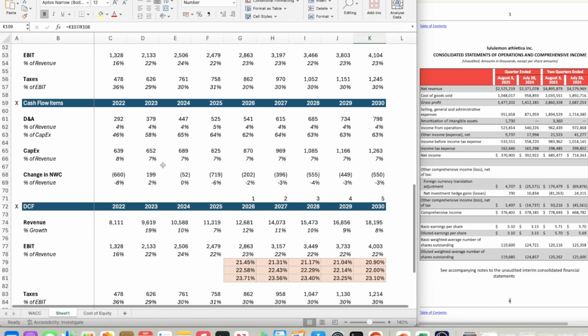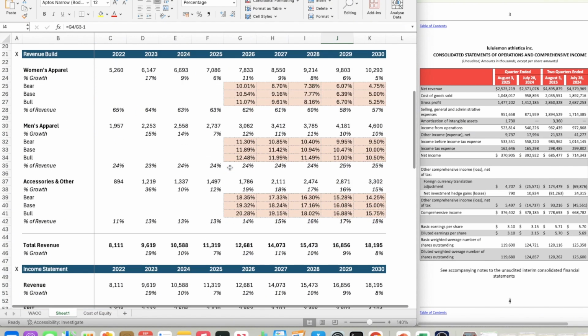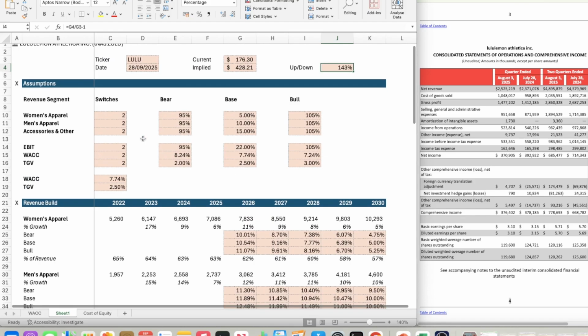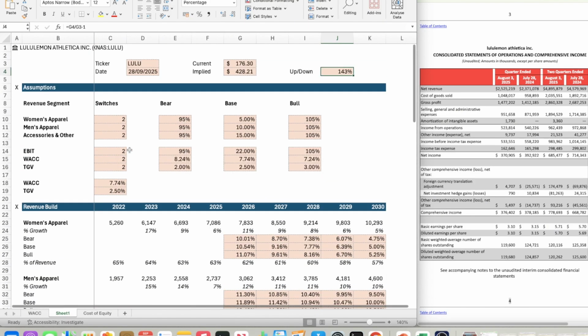Well, let's monitor it and come back to it in a few months and see where it is. It's always quite nice when you see it like this, potentially on a base case scenario, 140% upside. But we'll see, because there's a reason it's trading at 176, and that's because the market is very, very pessimistic.